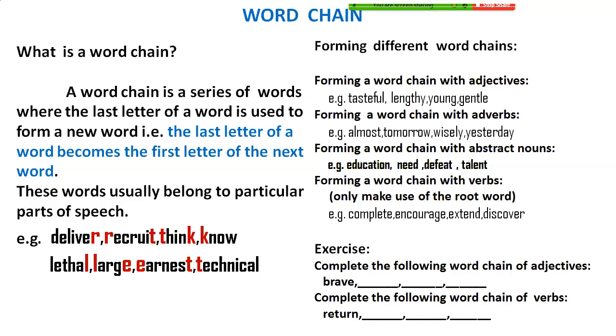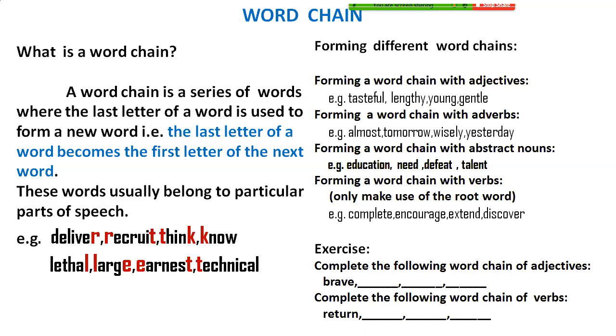You can form word chains using abstract nouns. For example, education. The noun education ends with the letter N. We use this letter N to form another abstract noun, and that is need.